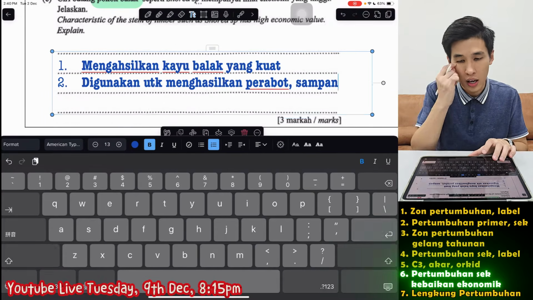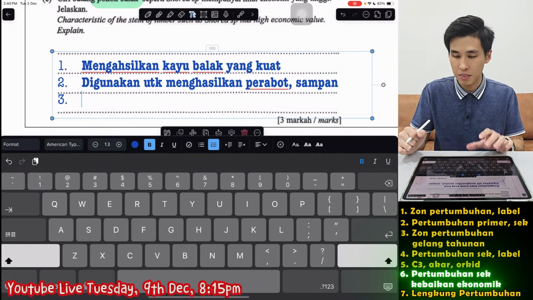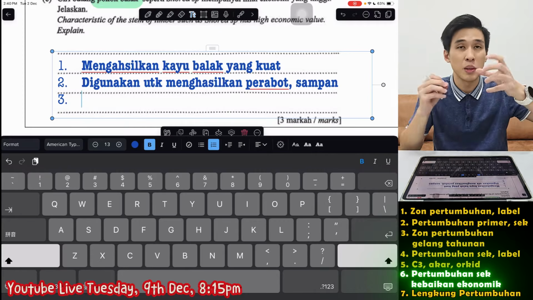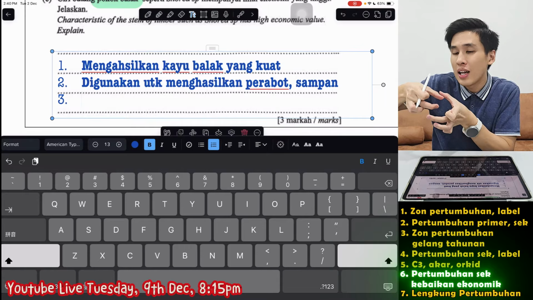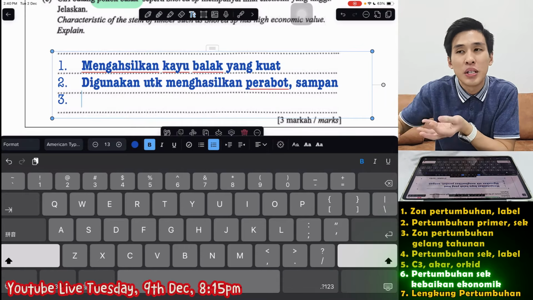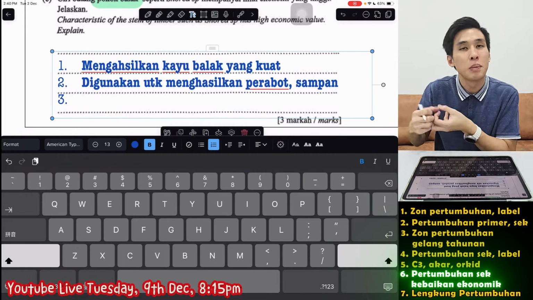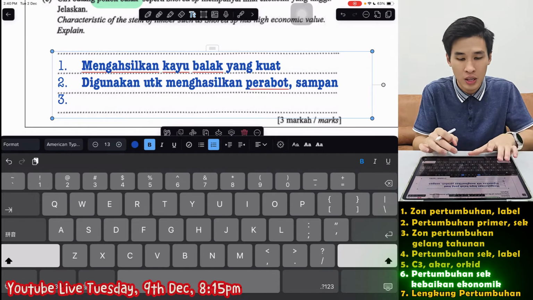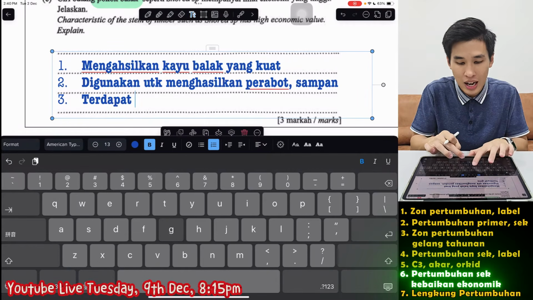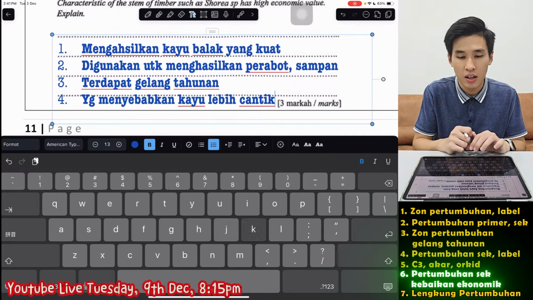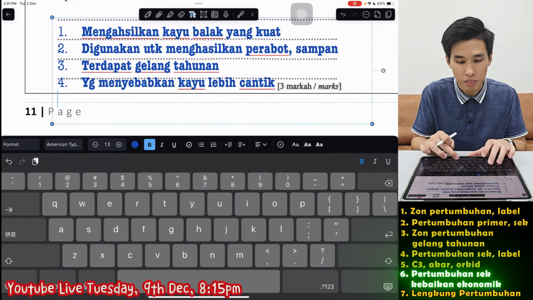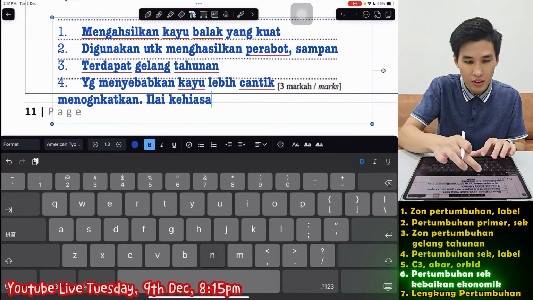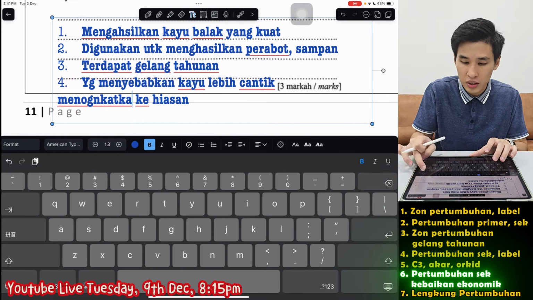So boleh, and you also can say this kind of trees sebab dia ada pertumbuhan sekunder, dia juga akan ada gelang tahunan. So the gelang tahunan means your wood is a bit nicer, lebih cantik. So orang akan beli, so lebih mahal sikit jika ada gelang tahunan. So dia terdapat gelang tahunan. You also can say dia meningkatkan nilai hiasan. Also can, means it looks more pretty.